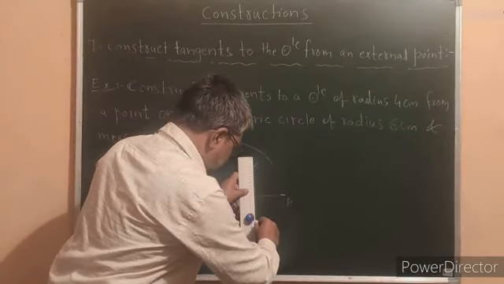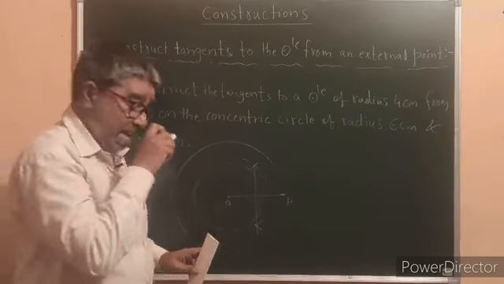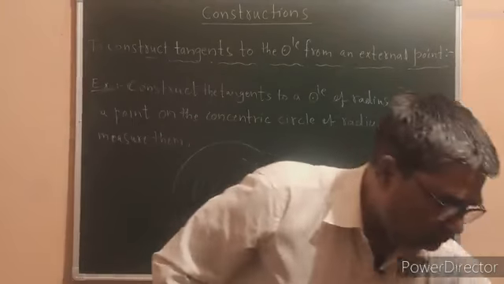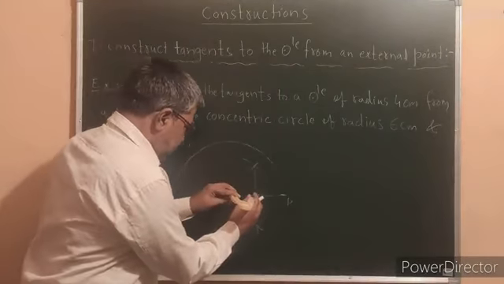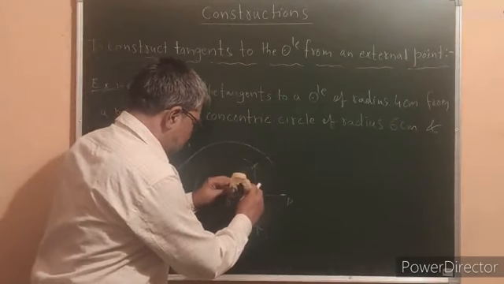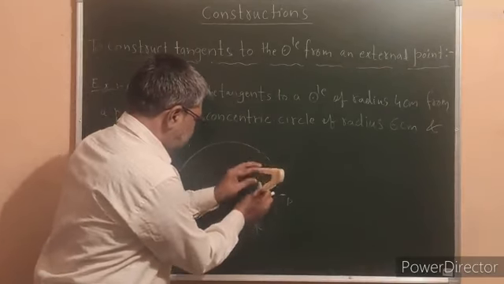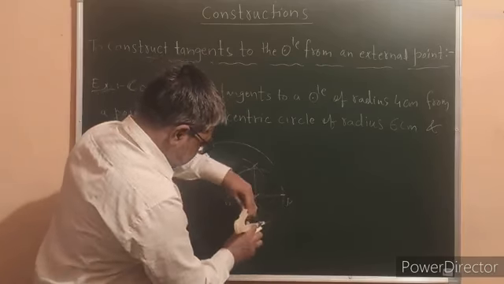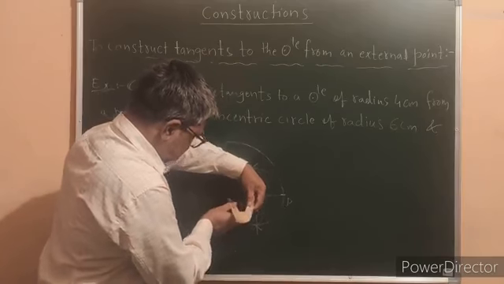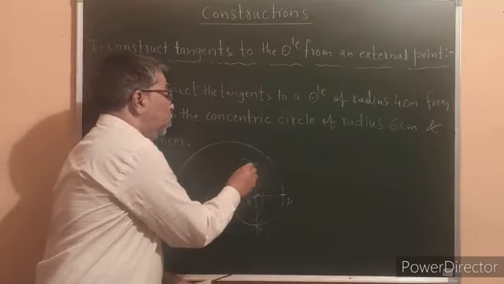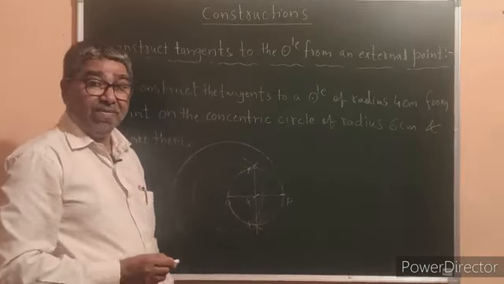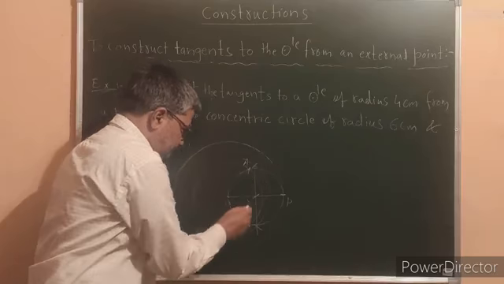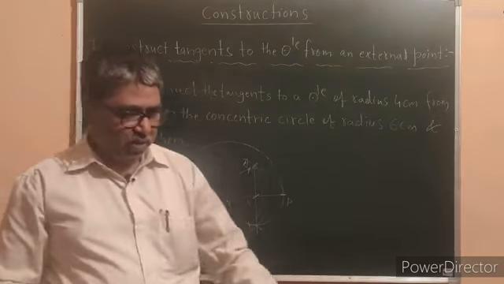This is called perpendicular bisector of OP, as you know, and call this midpoint as point X. Now from X, with the radius XO, draw one more circle, and you see this circle will be passing through O and P and will give 2 points at the circumference of the circle of radius 4 centimeter. You call them as point A and point B respectively.